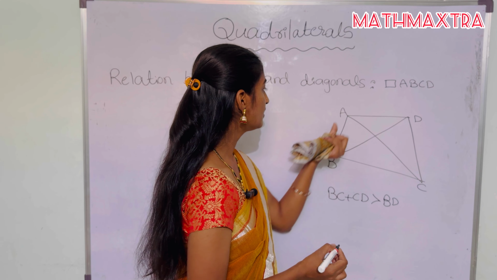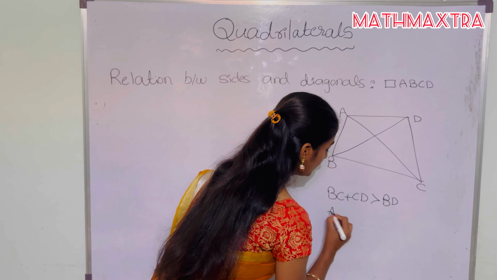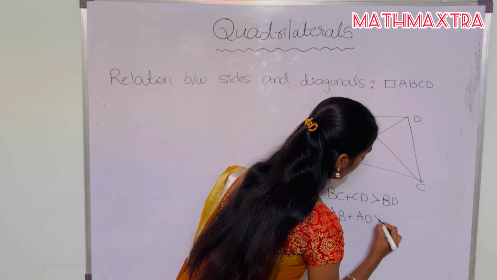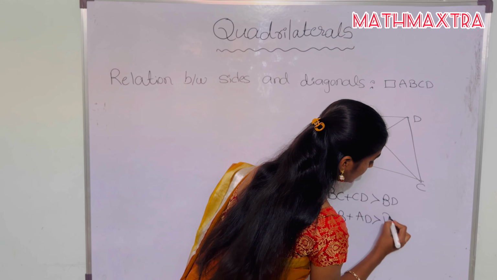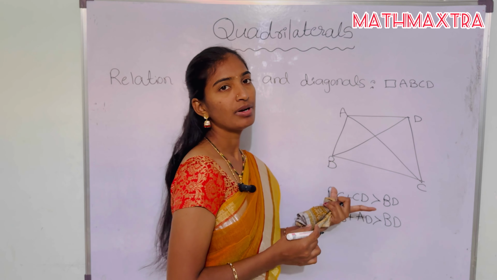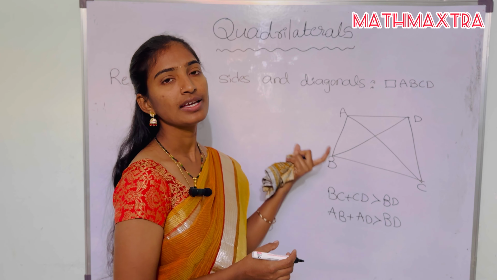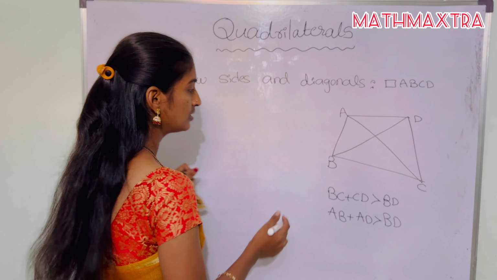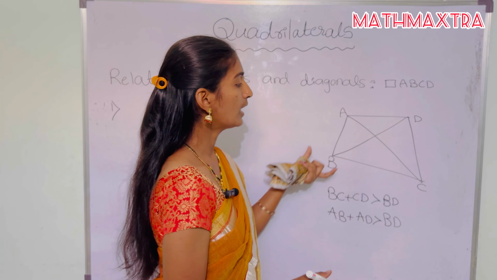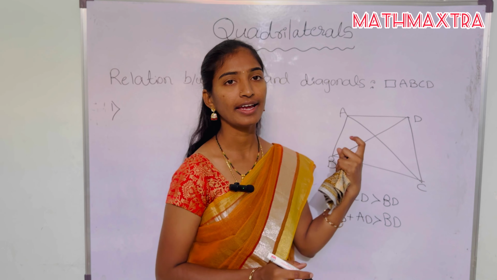And you consider this triangle ABD. What happens? The sum of two sides AB and AD is always greater than the third side, which is nothing but BD. Okay, what happens? The sum of any two adjacent sides of a quadrilateral is always greater than the diagonal. So this is the first point. The first relation is the sum of adjacent sides of a quadrilateral is always greater than the diagonal.